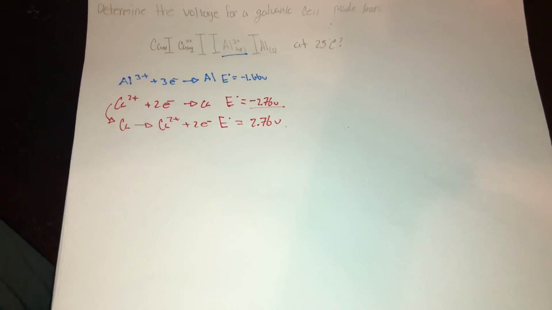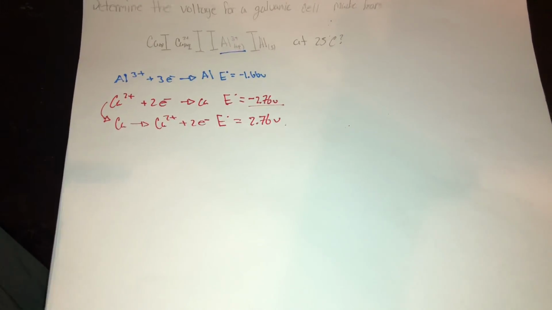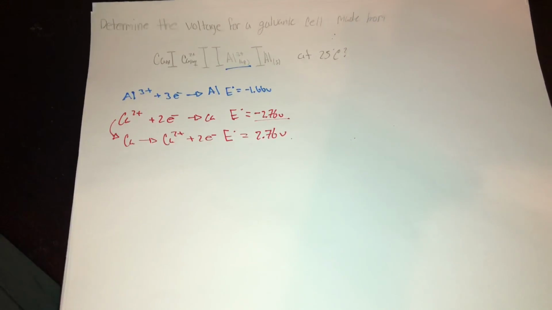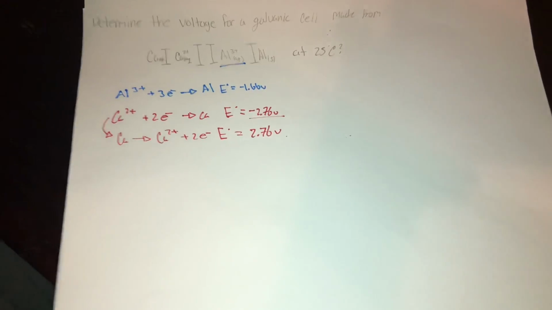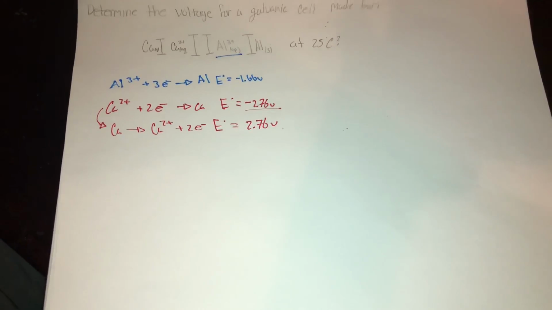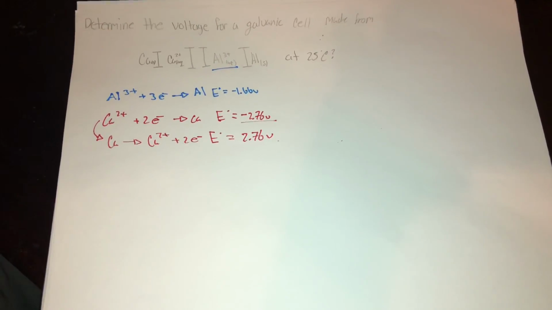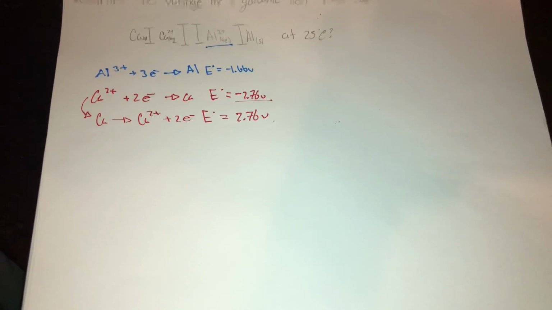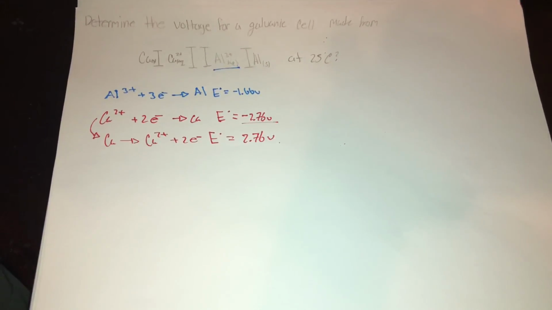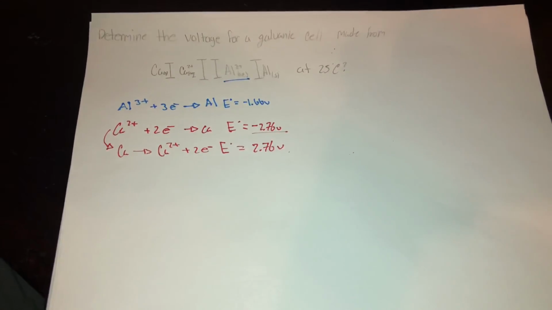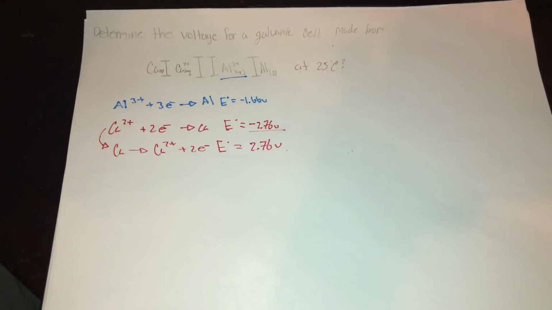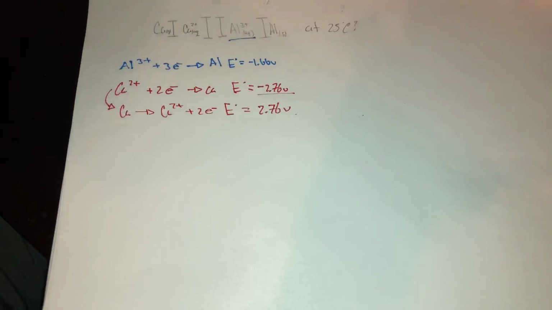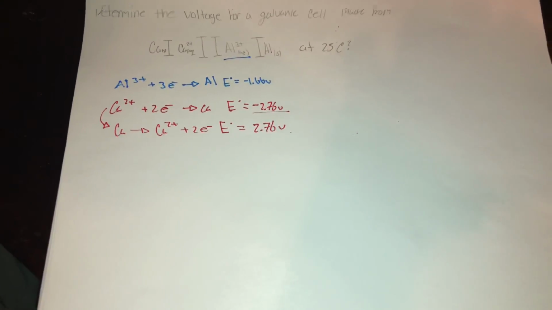Once you do that, you have to identify which one is the cathode and which is the anode. How you do that is pretty easy. The anode is the one that's releasing the electrons, and the cathode is the one receiving the electrons. So on this one, we can see that Ca is the one losing the electrons and Al3+ is the one receiving the electrons.